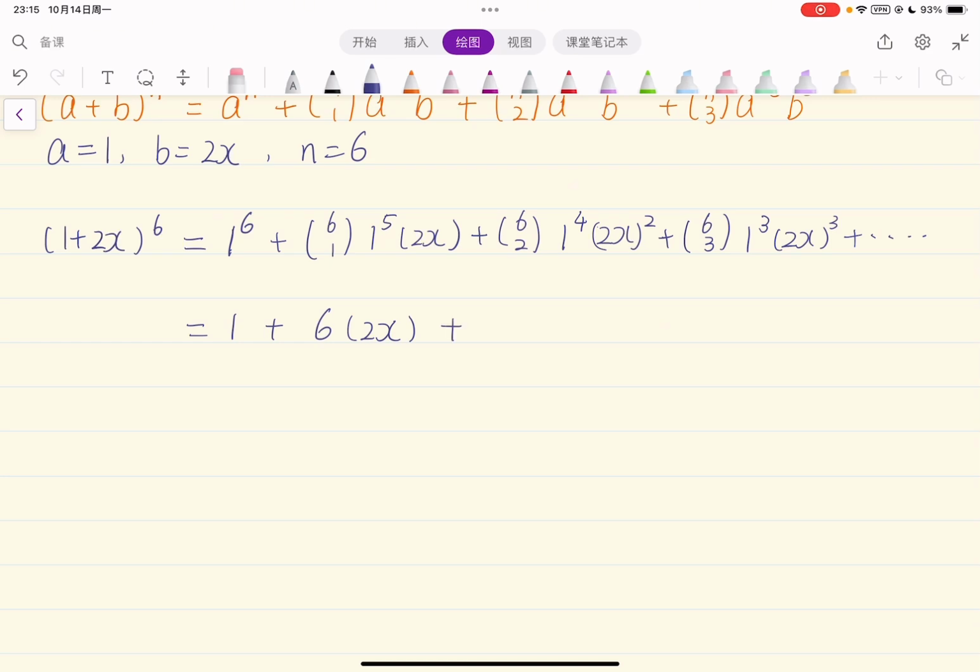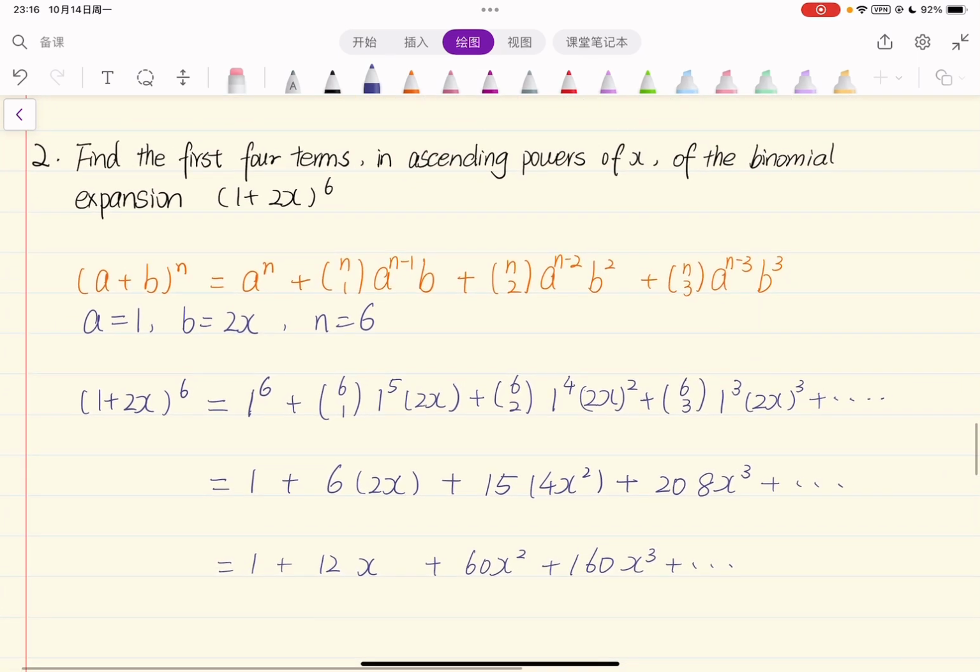And then we have plus 6 choose 2, that is 15, times 1 times 4x squared, plus 6 choose 3, that is 20, and 1 cubed, that is 1, times 2x cubed, that is 8x cubed, plus so on, equals 1 + 12x + 60x squared + 160x cubed, plus so on. So we have done this question.